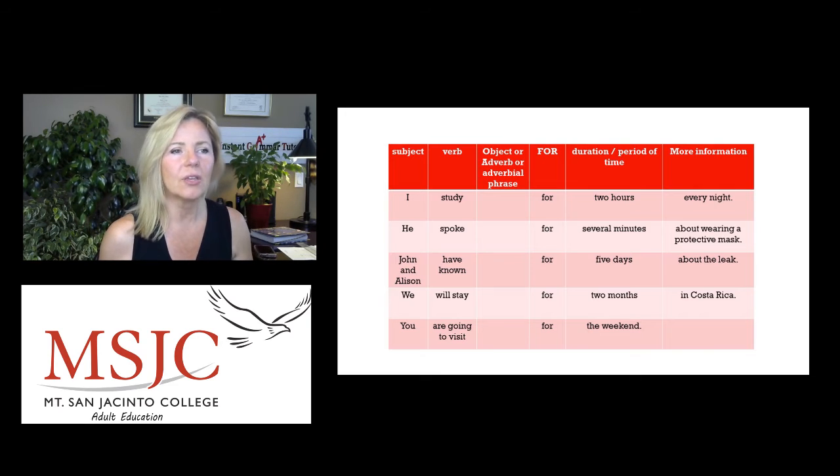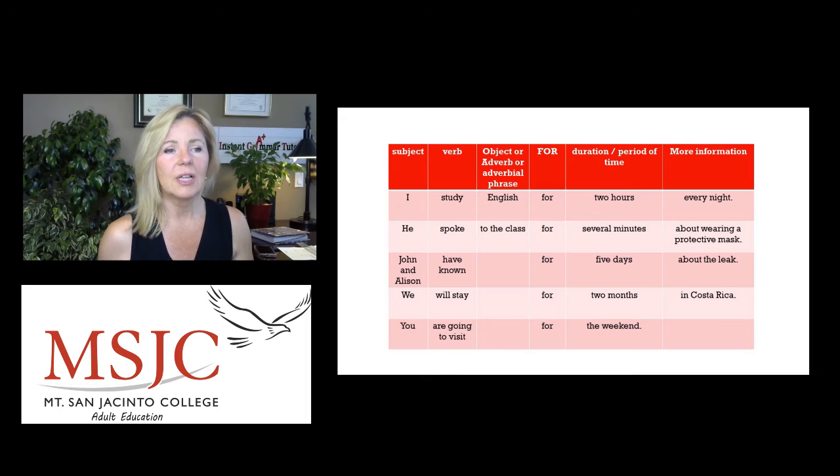So let's explore this. Look at the first sentence. I study English for 2 hours every night. He spoke to the class for several minutes about wearing a protective mask. John and Allison have known about the leak for 5 days.